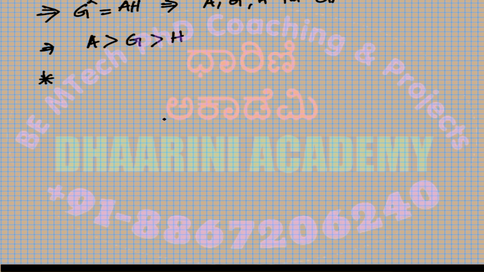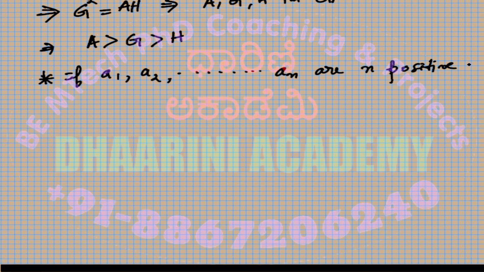So here, let's say if A1 comma A2 comma A3 dot dot dot up to AN are n positive numbers, then once again the arithmetic mean of those numbers is always greater than or equal to the geometric mean of them, again greater than or equal to the harmonic mean.